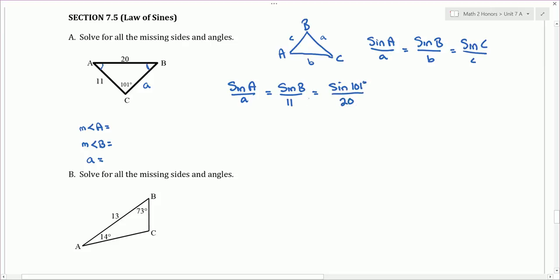And I want to start by picking just two of these fractions and setting them equal to each other to solve for a variable. I'm going to pick the last two because there's only one variable in that proportion, and it'll be easy to solve for that one. So I'm going to cross multiply and get 20 times the sine of B is equal to 11 times the sine of 101.